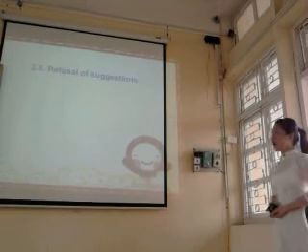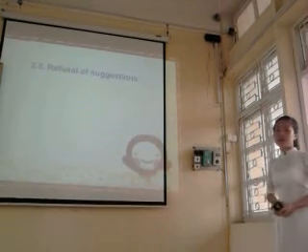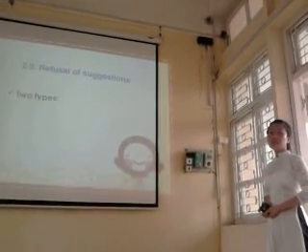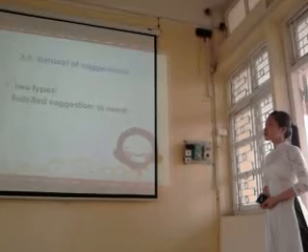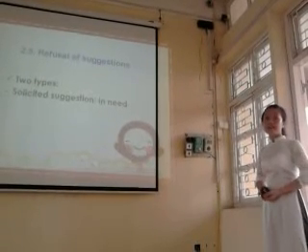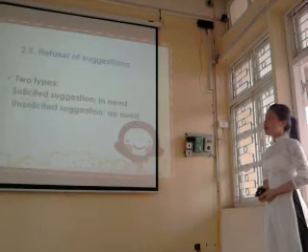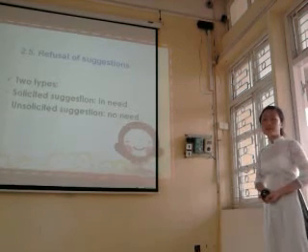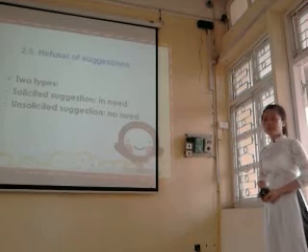Next is refusal of suggestion, which is one of the four refusals. A solicited suggestion is requested by the listener, while an unsolicited suggestion is not requested by the listener, but the speaker volunteers it.